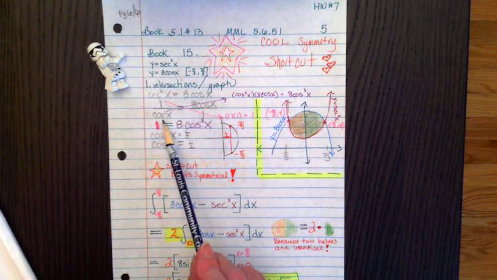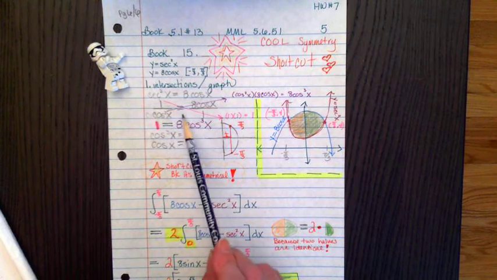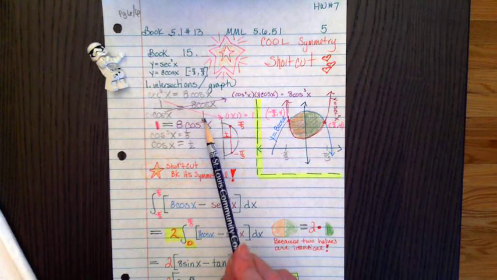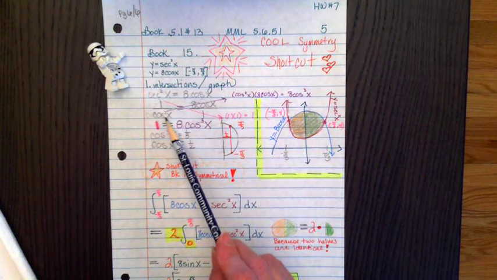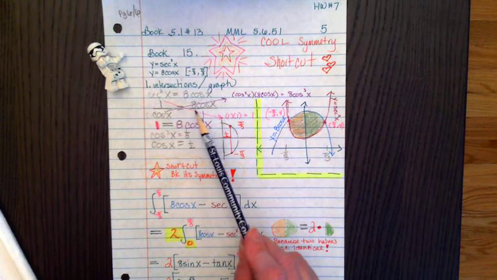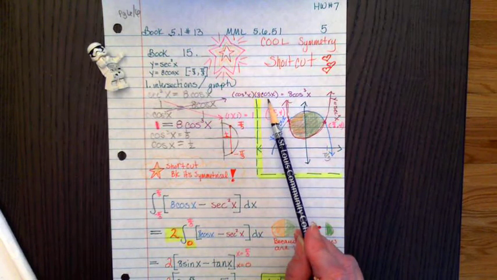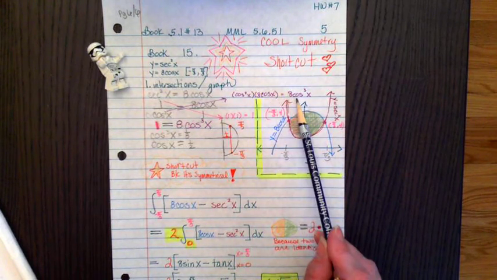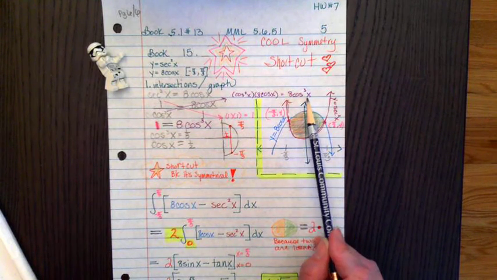So if I have 1 over cosine squared equals 8 cosine x over 1, I can cross multiply to get 1 times 1 equals cosine squared times 8 cosine x, which equals 8 cosine cubed x.